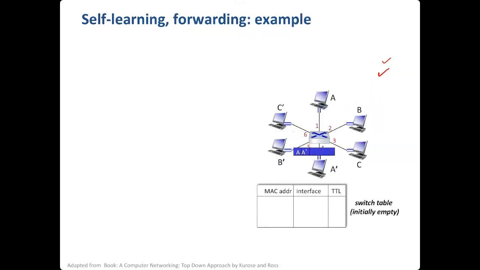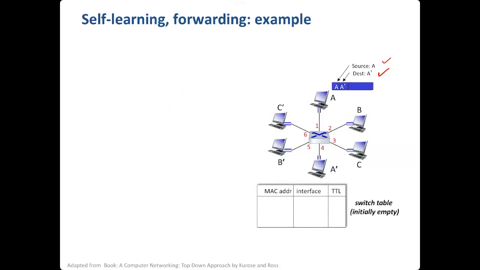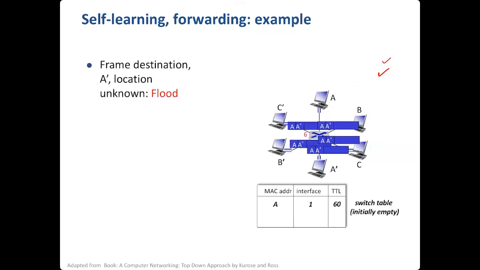So when the switch receives this packet, it doesn't know where to send, so it broadcasts it to all. Only one learning has happened, that MAC address A is connected to interface 1. So if the destination MAC address is not known, just flood it.